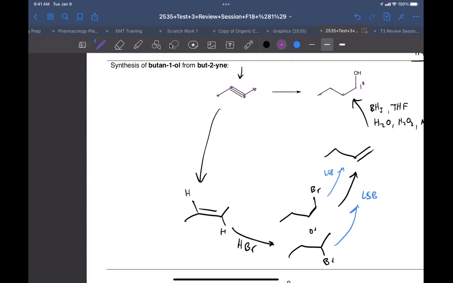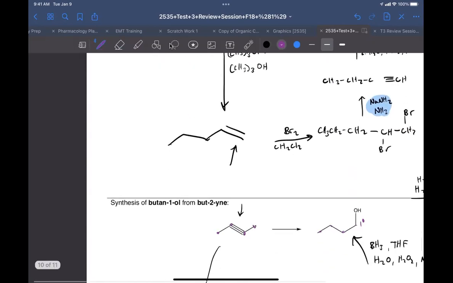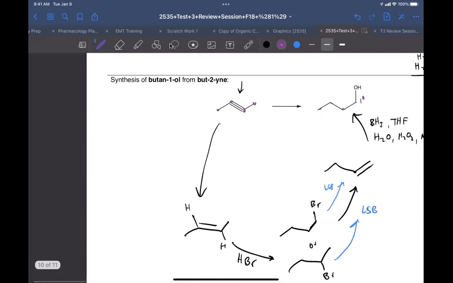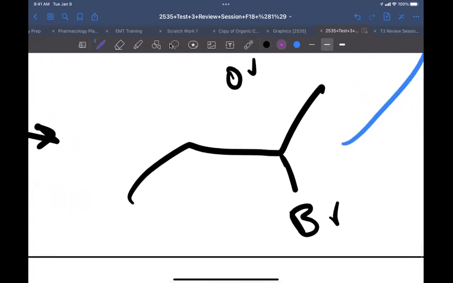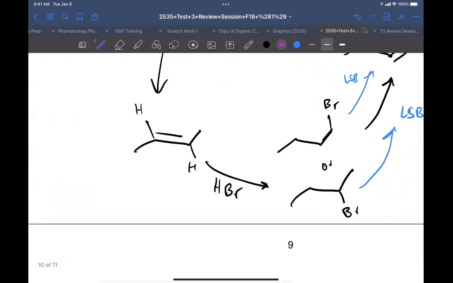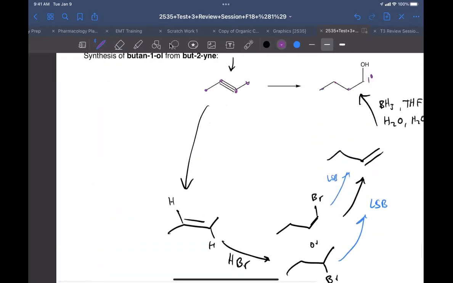Lindlar. Yep. Lindlar's catalyst. Any of them are acceptable because right now, since we're adding HBr and we're reducing that alkyne down to a sigma bond, regioselectivity is not a problem. So you can do any one of the reactions. The first one, let's just call it A, Lindlar's catalyst, H2, Lindlar's.